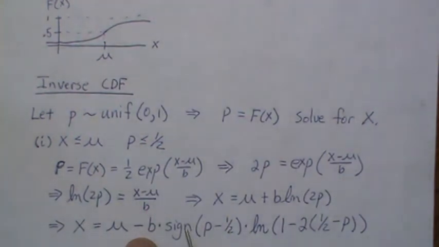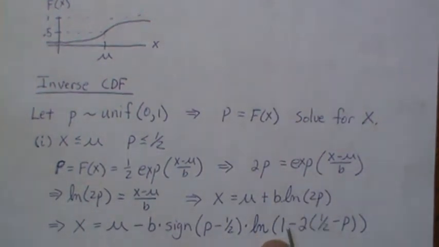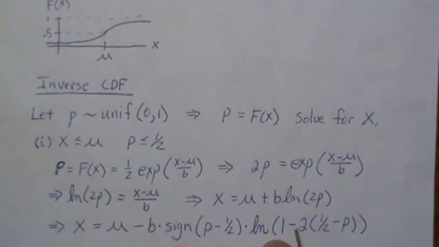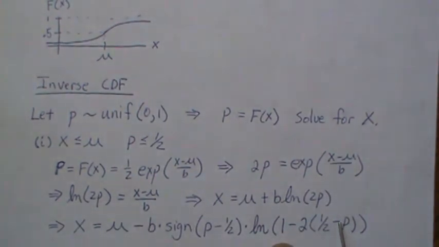Since this is negative, the sign function makes it -1, which multiplied makes it a positive b. So that's this piece. Now here we've got the log, and over here we have 1, and then -2 times -1/2 is... well, the -2 times 1/2 is -1, so 1 minus 1 is 0, goes away. We're left with -2 times p, okay? So we're going to use this as our x, and you'll see why in a second.